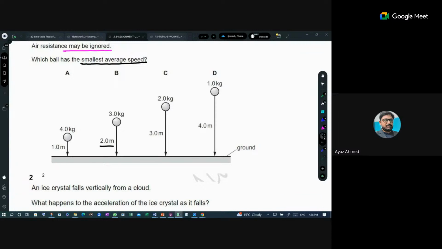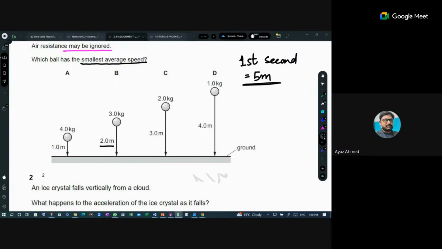It takes more time because, in A levels, I will let you know that in the first second of the motion, a body covers 5 meters. All of these bodies have motion of less than 1 second.